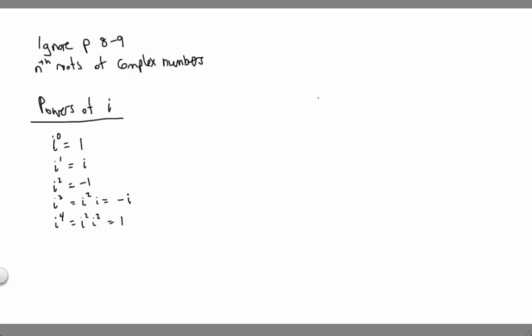Okay, well, this is better imagined with geometry. So let's imagine saying that i to the 0 is equal to 1. Let's draw that as a vector. So we could say i to the 0 is here. And then i to the 1 is i. So if we draw that as a vector, because our imaginary axis is up here, i to the 1 would be over here.